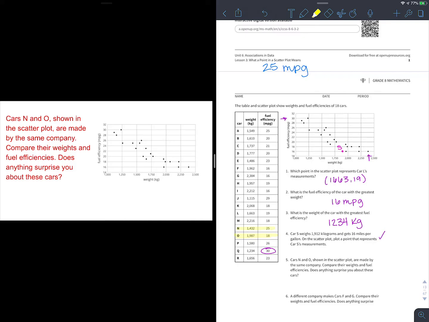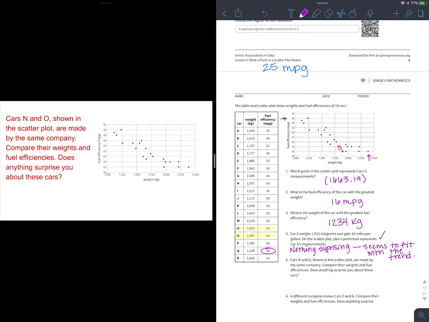And nothing really should surprise you. Let me grab a different color. I'm going to say nothing surprising, because they seem to fit with the trend.